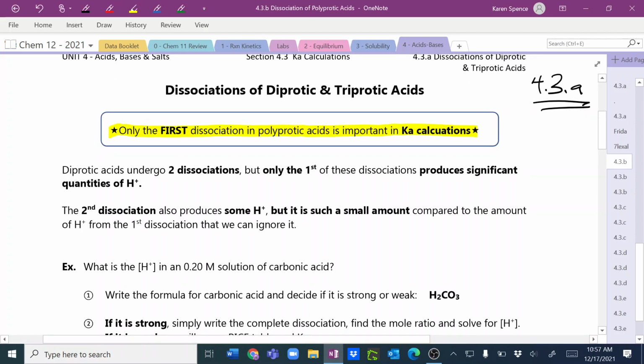Diprotic acids actually undergo 2 dissociations, but only the first one produces significant quantities of hydrogen. The second dissociation produces some hydrogen, but only a teeny tiny itty bitty amount, and so you can just ignore it.